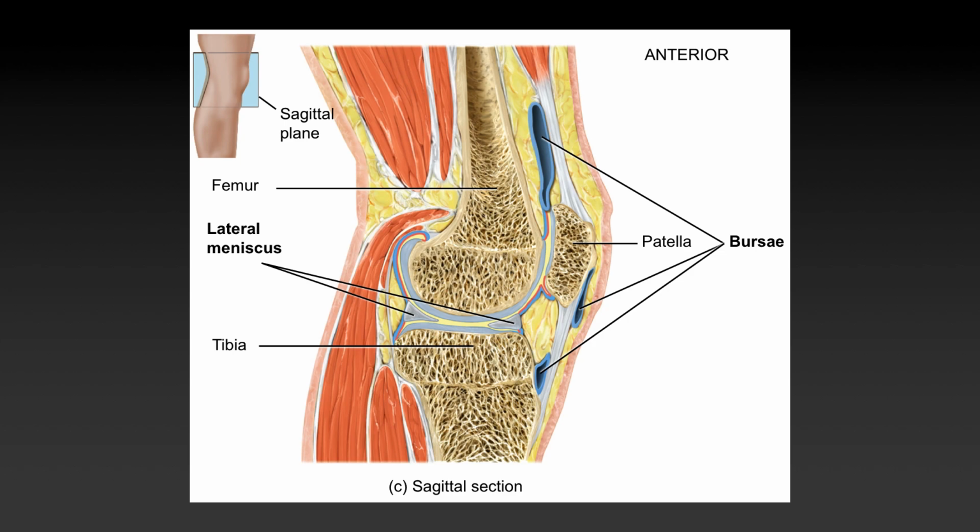And notice the bursae on top, in front, and below. They're named accordingly, but I took the specifics out just to show you what they look like. They're a pillow-like sac that would be filled with fluid to help with compression and wear from the moving of structures or impacts in those areas.